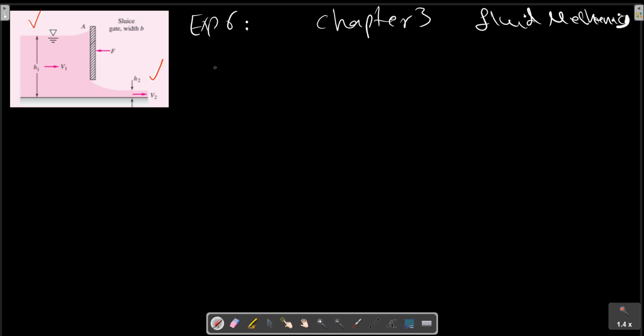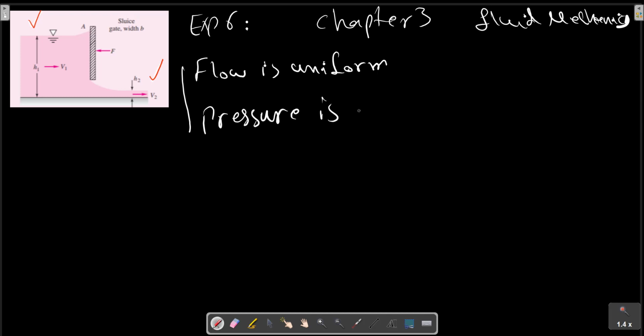The flow is uniform and the pressure is hydrostatic, neglecting bottom friction and atmosphere pressure.